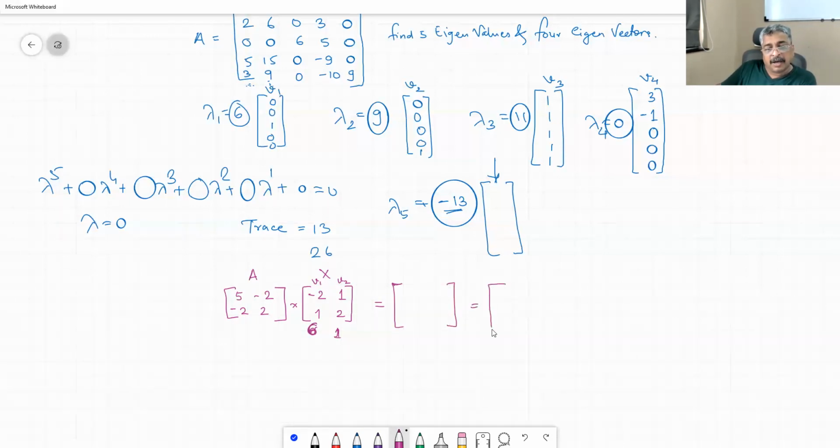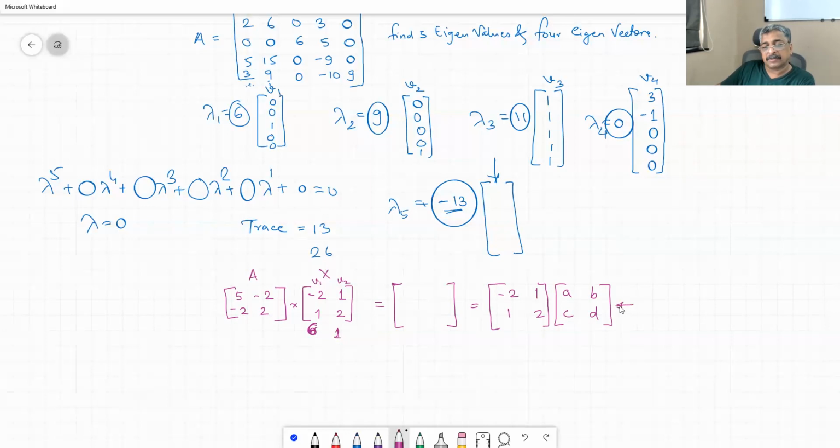Then after you do that, I want to take minus 2, 1 here and 1, 2 here and post multiply it by ABCD. Get me the matrix ABCD.